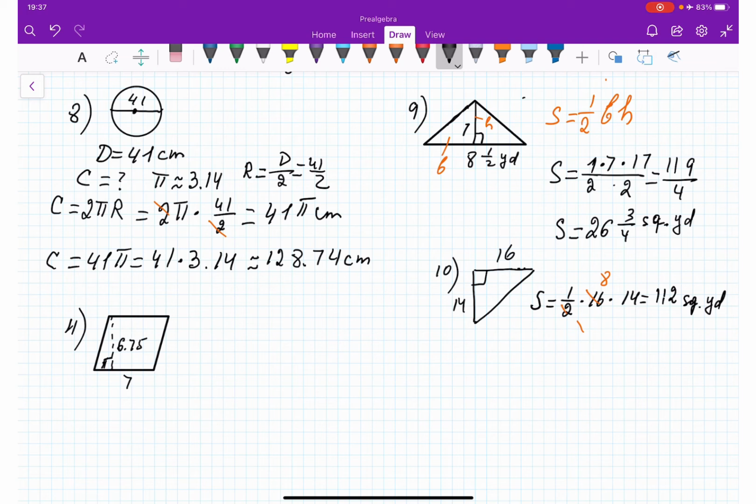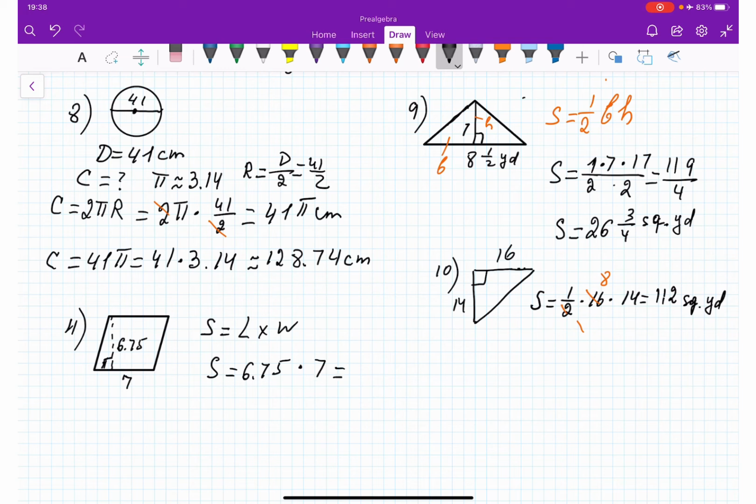Okay. In the parallelogram, the area is length times width. So length is going to be equal 6.75, which is our height, and times width is going to be 7, right?